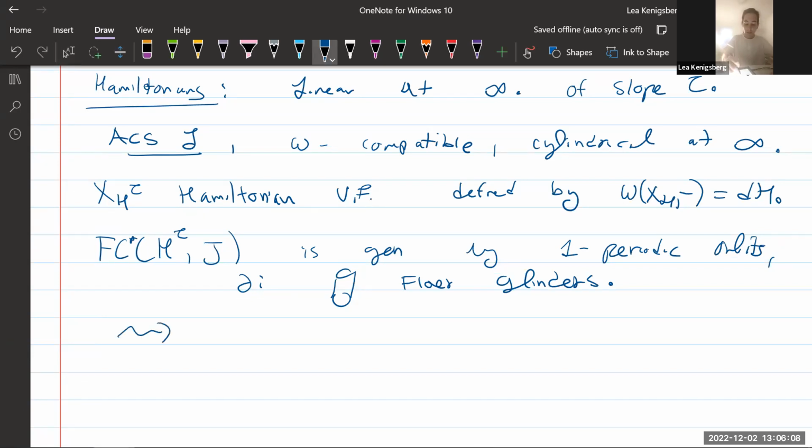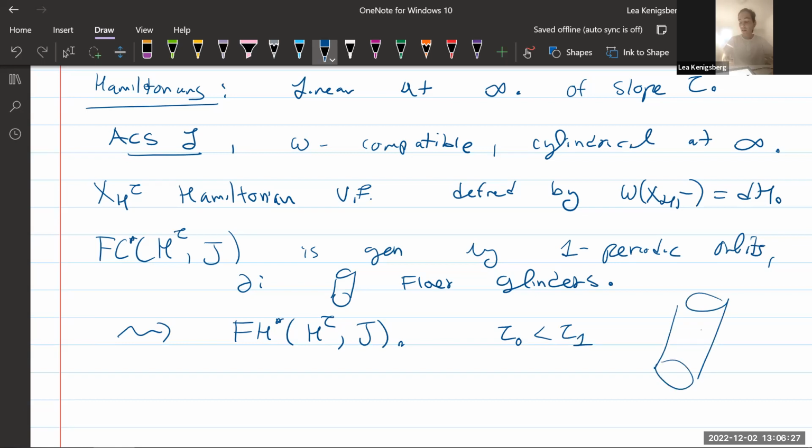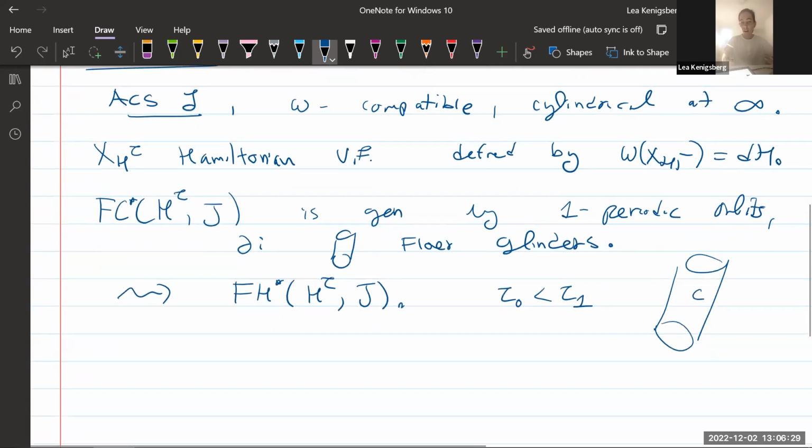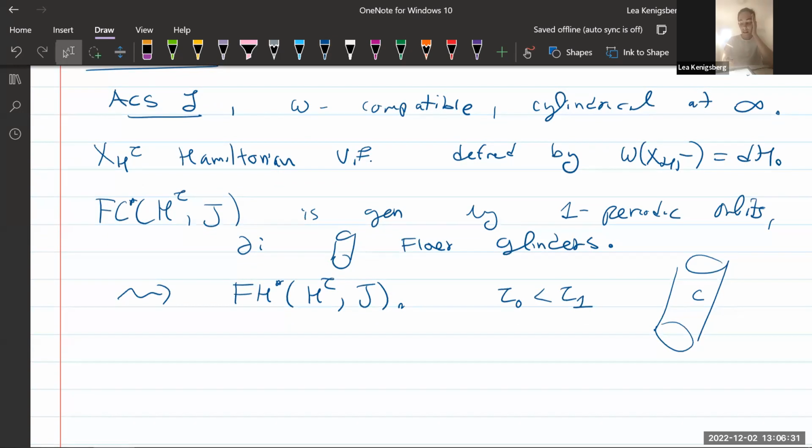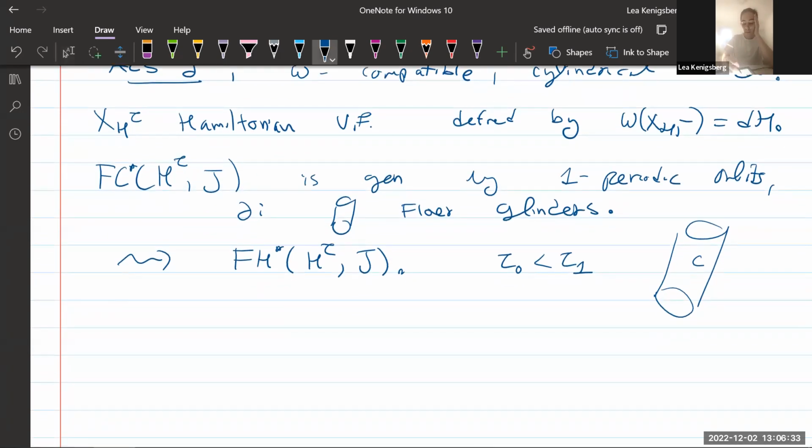So this gives you the Floer homology of H tau, J. If you have two Hamiltonians with slopes tau 0 less than tau 1, then you can also define continuation maps, which are also defined by counting some types of cylinders. And this gives you maps from the Floer theory associated to tau 0 to the Floer theory of tau 1.